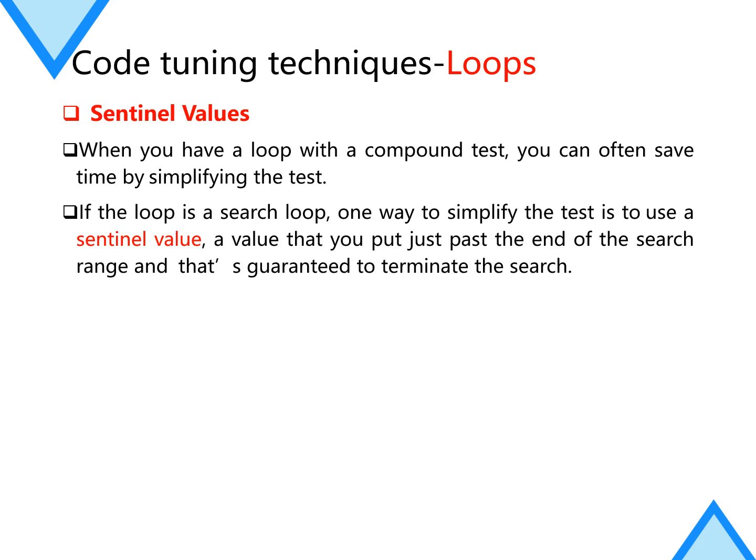If the loop is a search loop, one way to simplify the test is to use a sentinel value, a value that you put just past the end of the search range and is guaranteed to terminate the loop.